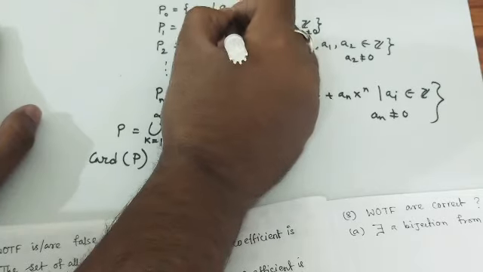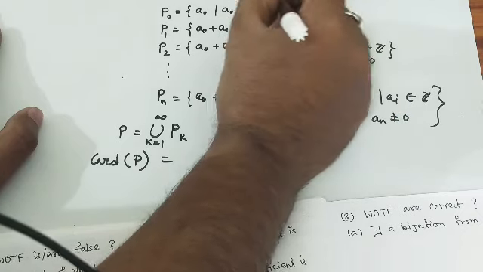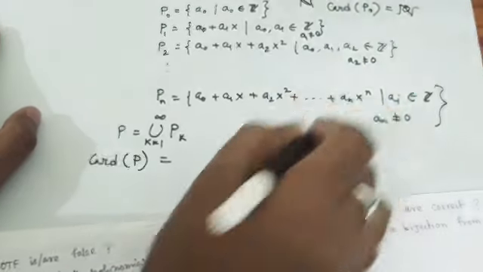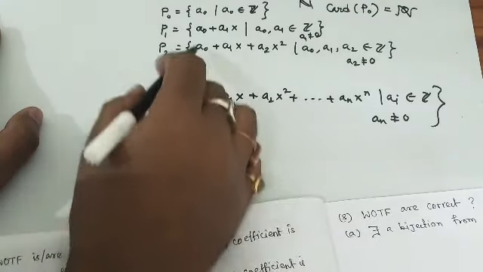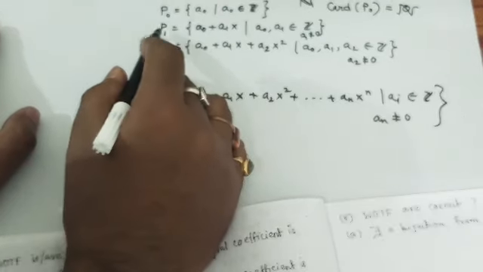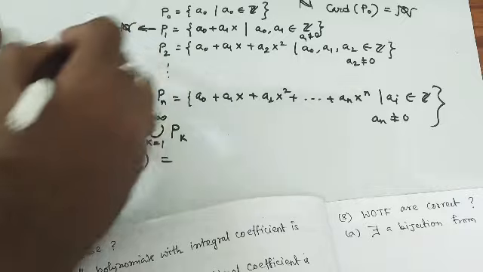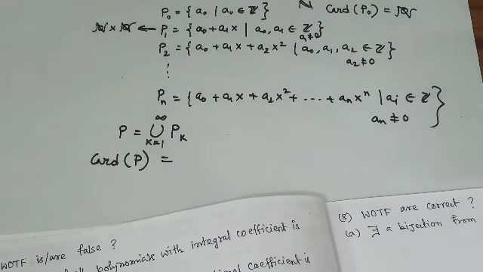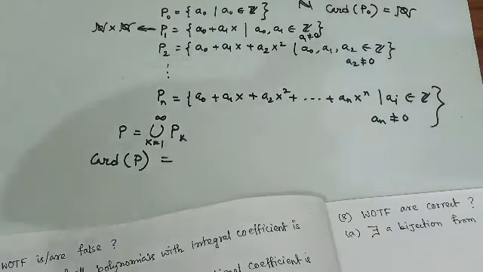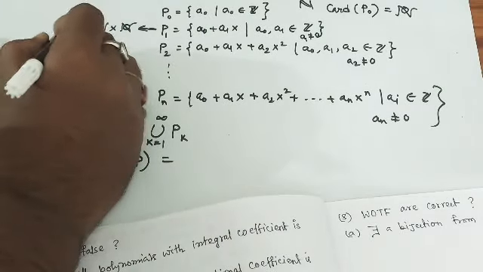Just look at P0. All the a0 come from the integers, so the cardinality of P0 is going to be aleph naught, correct. All the a0 and a1 come from Z, so the cardinality of P1 is going to be aleph naught cross aleph naught, because how many possible choices are there for a0 and for a1? Aleph naught times aleph naught, so the cardinality is aleph naught squared, so it is aleph naught.